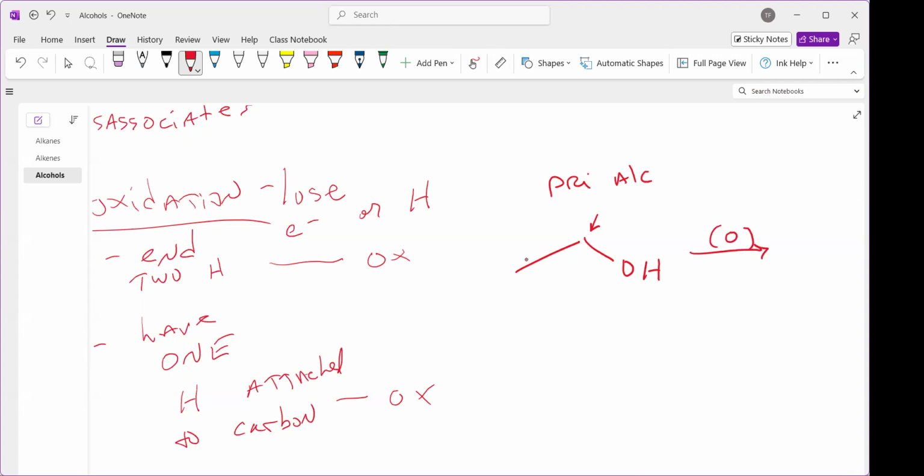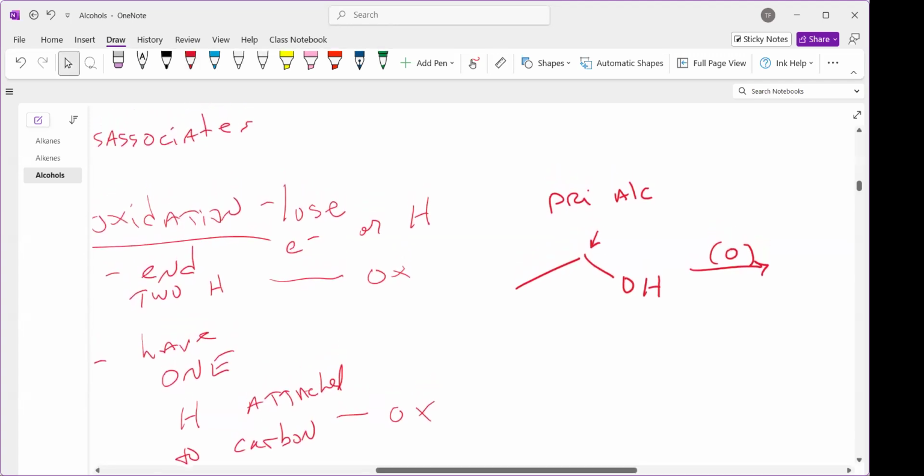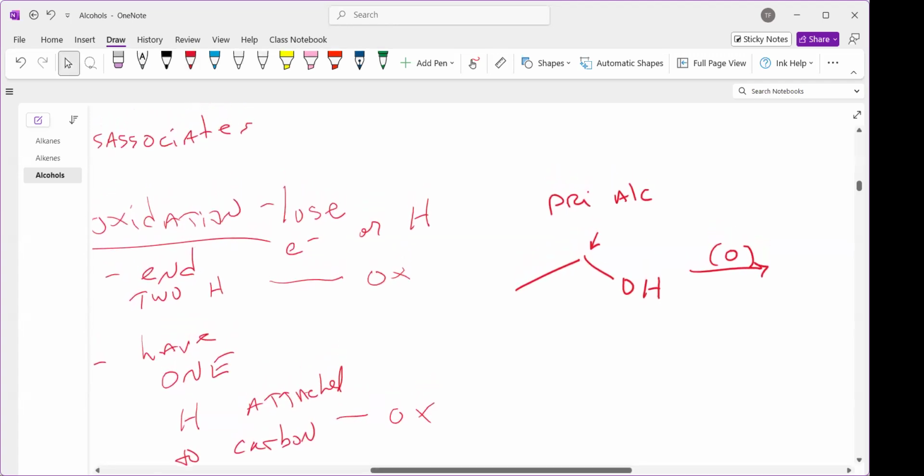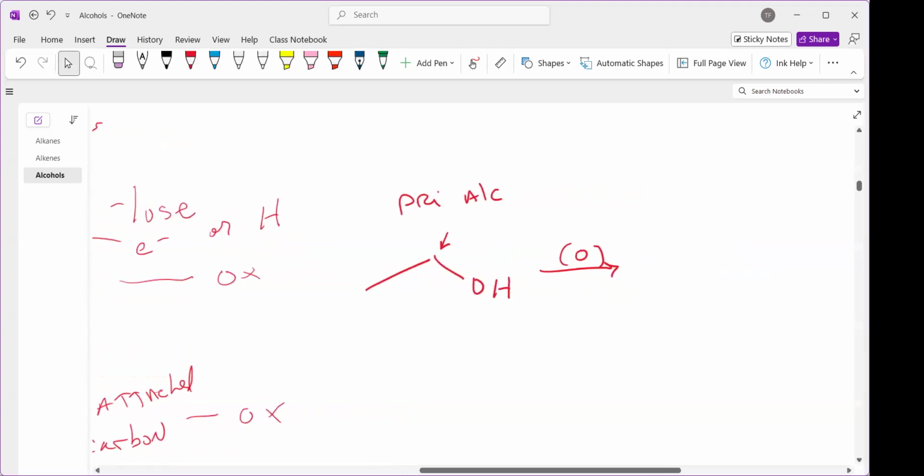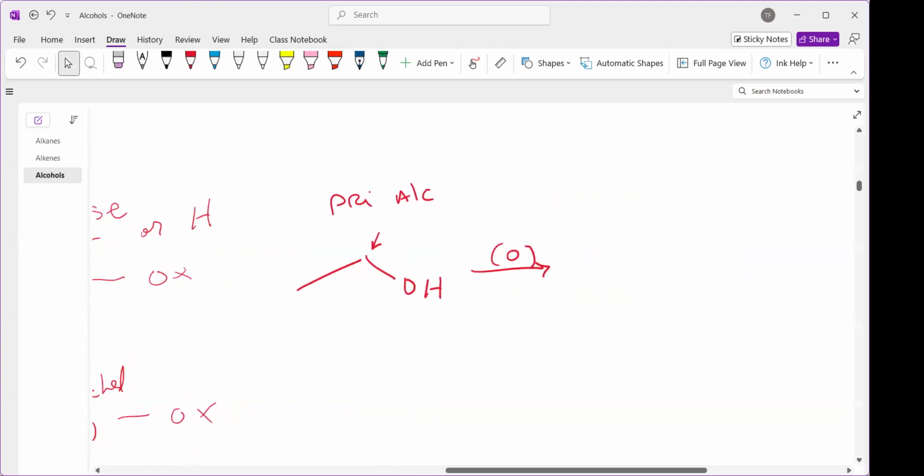So when we oxidize a primary alcohol, what happens is it needs an H attached to that carbon that's attached to the OH. And each time it oxidizes, it requires a hydrogen. So if it's a primary alcohol, it can be oxidized twice.